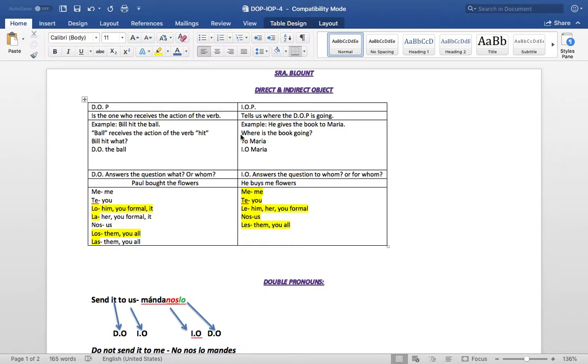All right, so here is a sentence. He gives the book to Maria. I don't know where the indirect object is here, so I ask in my head, whom, to whom, or for whom, and whatever the answer is, that's what you replace with this one. So, to whom is he going to give the book?